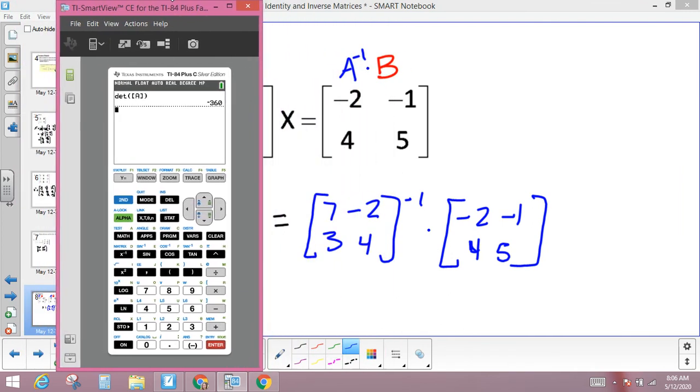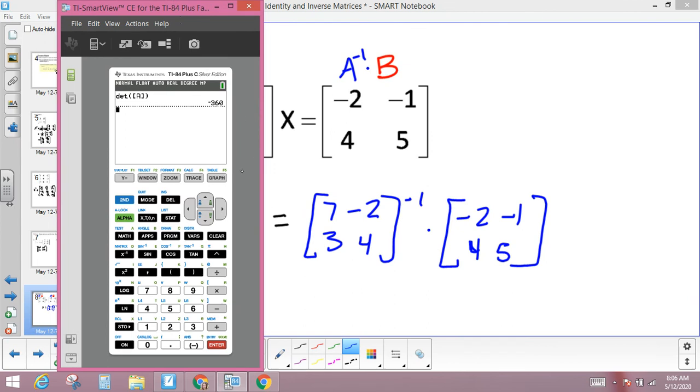For the first way, if we are doing alpha zoom to get to matrix, then we're going to type this on our screen. So we're going to tell the calculator that we want a 2 by 2 and put in our elements of 7, -2, 3, 4.